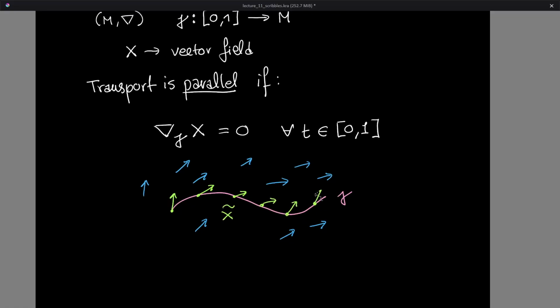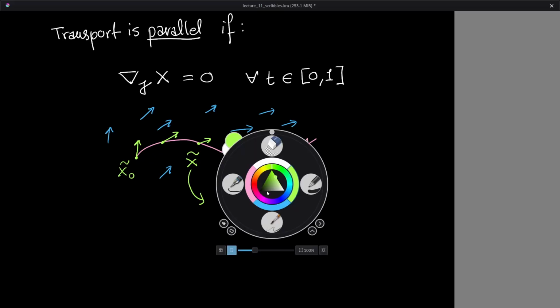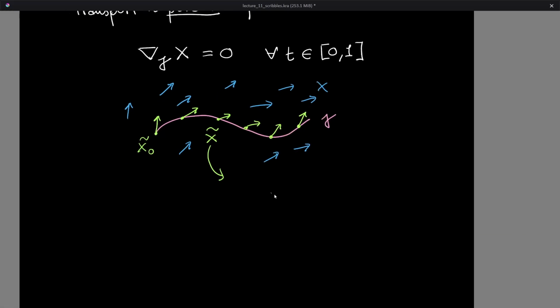So X tilde is a representation of parallel transport. It is capturing the idea of the vector being parallelly transported. This one, let's call that X tilde naught. It's being parallelly transported if for this vector field, this one X, this is true, right?